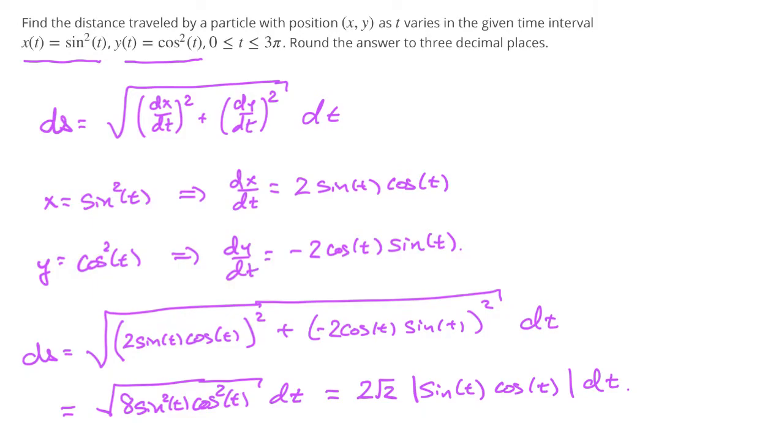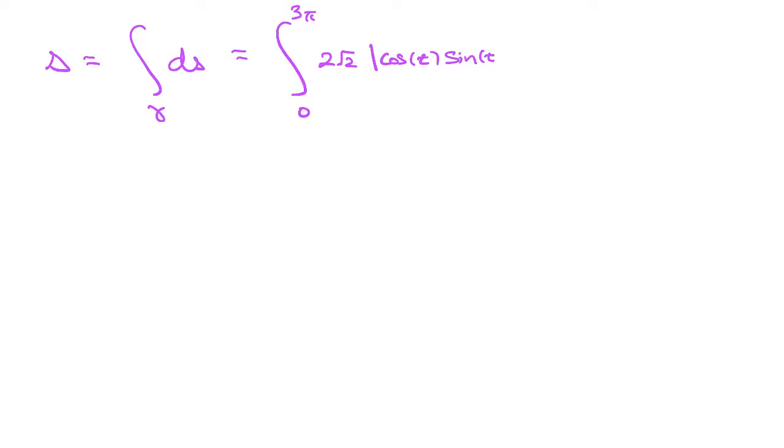Now we're ready to take these values and plug them in to our arc length function. So for the arc length s, that's just going to be the integral over our curve of ds. And so in our case, this gives us the integral from 0 up to 3 pi of 2 root 2 times the absolute value of cosine of t times sine of t dt.